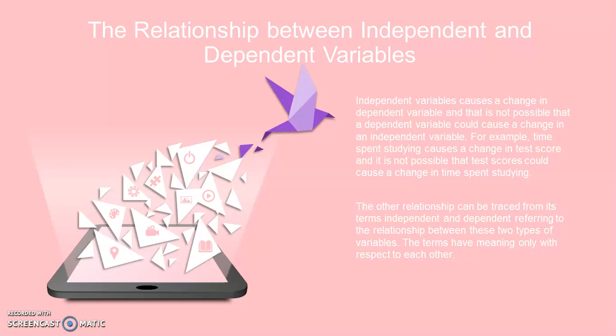In case of the dependent variable, its value or behavior is considered to depend to an extent upon the value of the independent variable, but not the other way around. That is why it is considered dependent. The independent variable, on the other hand, is truly independent from the dependent variable. Its value does not change according to the value of the dependent variable.